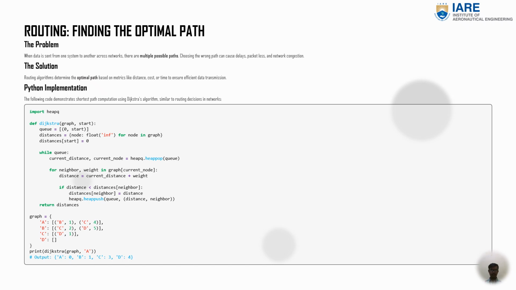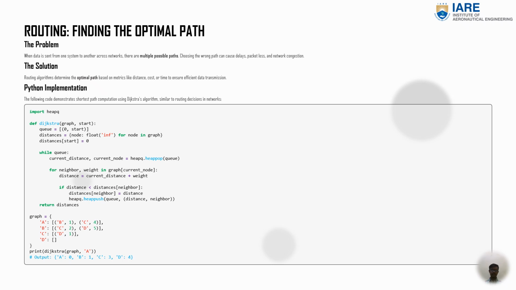Here we add the updated node back into the queue so that it can explore further paths. Return result. The code returns the distances, the shortest distance from the start node to all nodes.